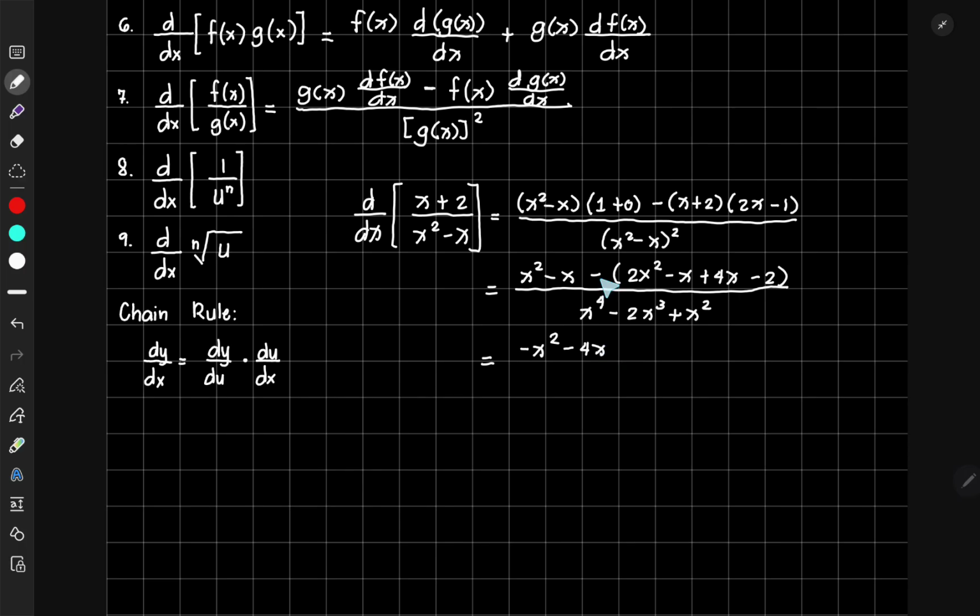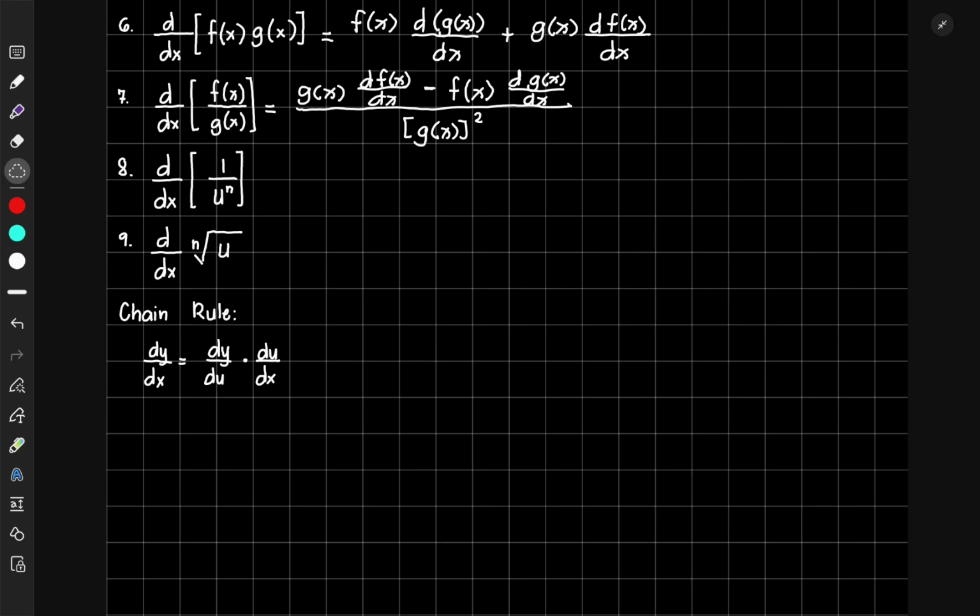So don't forget to distribute yung negative each terms dito sa loob ng ating parenthesis. So next is minus 2. So negative 2 and then negative dito, so magiging positive 2. Yan. So all over x raised to 4 minus 2x cubed plus x squared. And ito na yung magiging sagot for the derivative of this one.